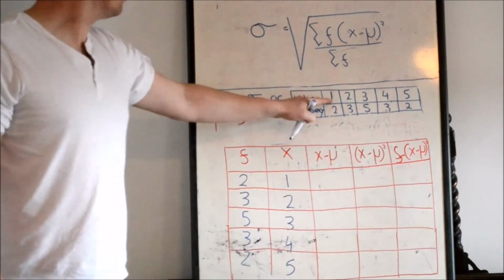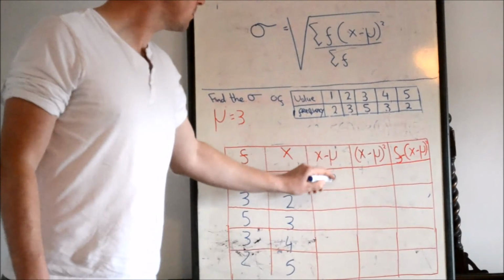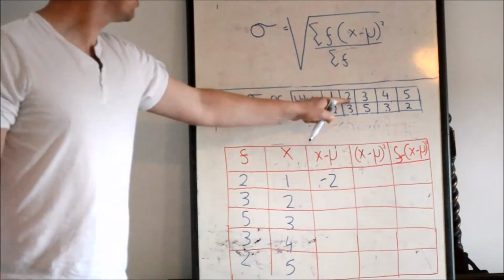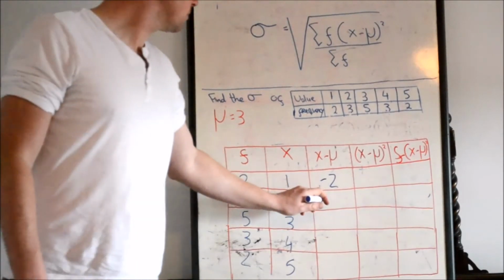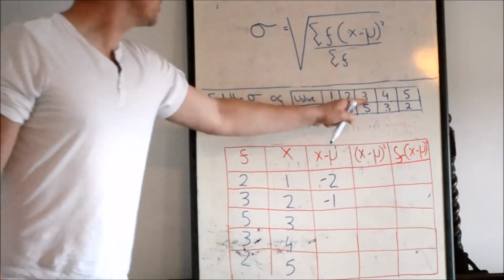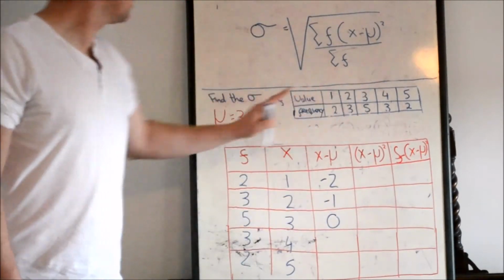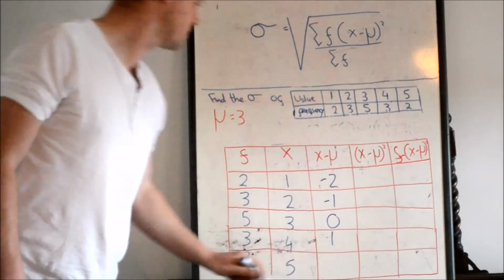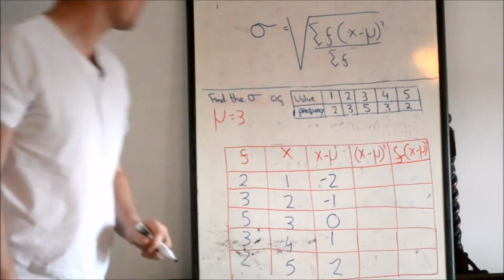So, 1 minus the mean, which is 3, which is minus 2. 2 minus the mean, which is 3, is minus 1. 3 minus 3 is 0. 4 minus 3 is 1. And 5 minus 3 is 2.